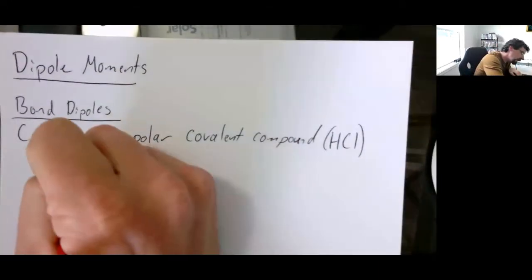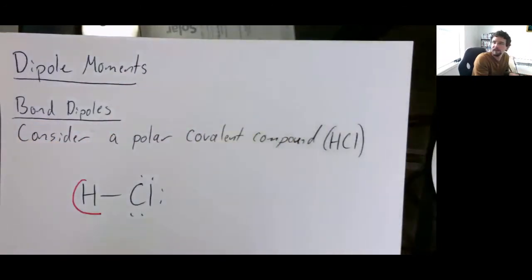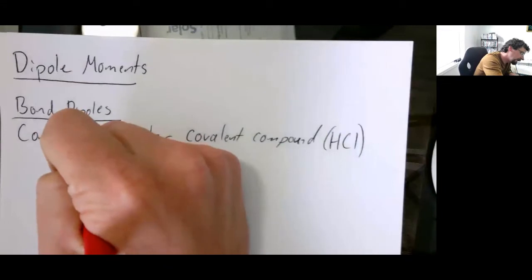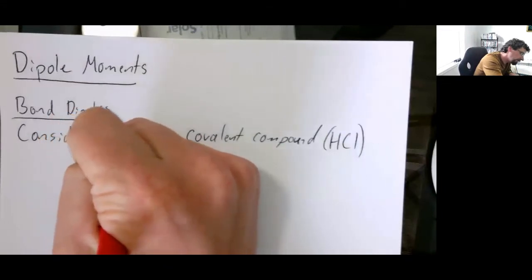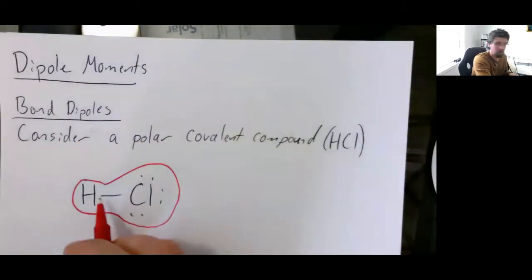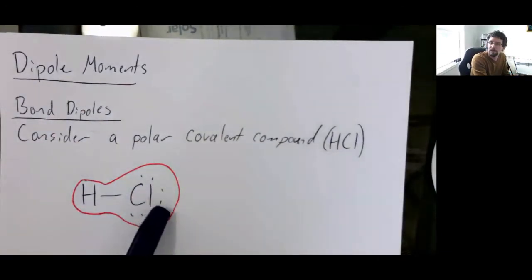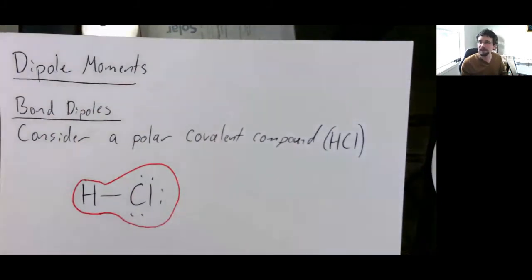draw that in red, there will be less electron density around the hydrogen, but since this isn't completely an ionic bond, there is some covalent nature to it. We'll get some electron density between these two atoms. Now the chlorine has more electrons, so of course there's going to be more electron density around it.